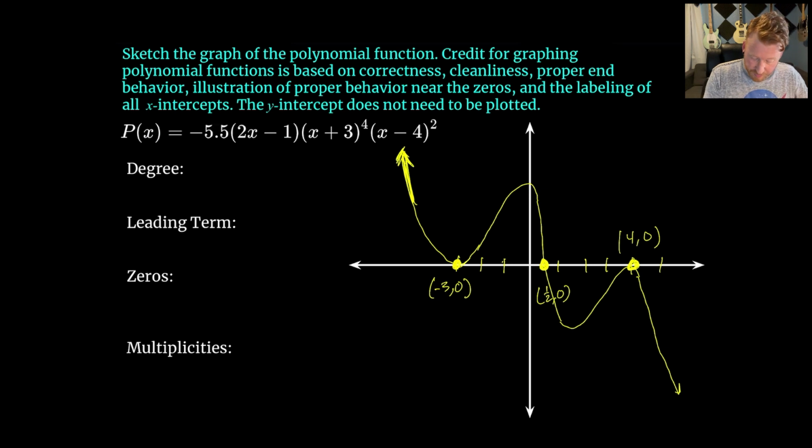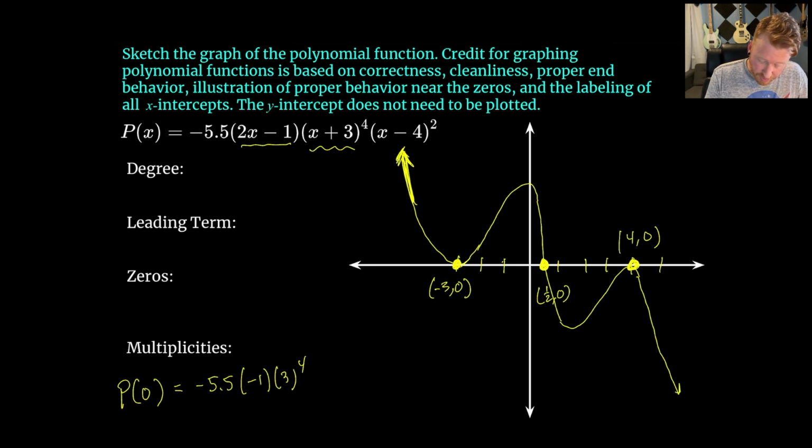So I'm going to create a little bit of space here, and then at the bottom we will think about the y-intercept. That's going to be at 0, so I'm plugging 0 into the polynomial function here, and I'm going to get negative 5.5 times, so if I plug 0 into here, I'm just going to get negative 1. If I plug 0 into here, I'm going to get 3 to the 4th power. And if I plug 0 into here, I'm going to get negative 4 squared.